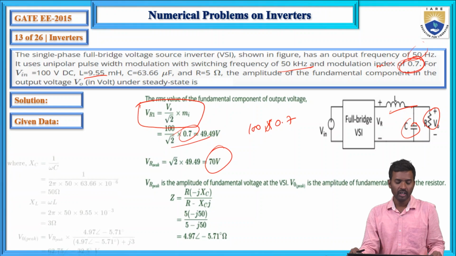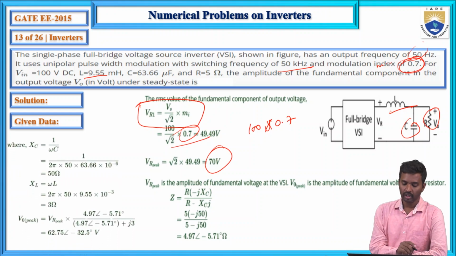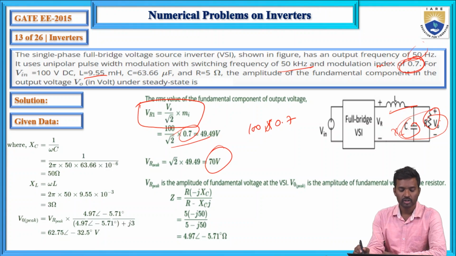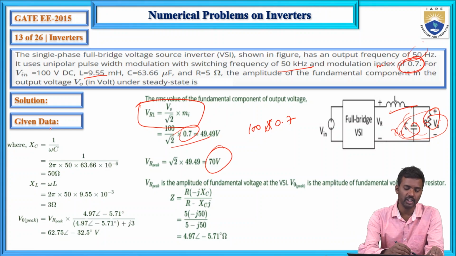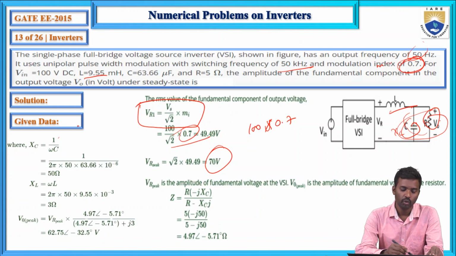And next, how will you calculate the impedance? Z equals, here C, XC and R are connected in series. XC equals 1 by omega C, omega equals 2 pi F, F equals 50 Hertz, and C equals 63.6 into 10 power minus 6.